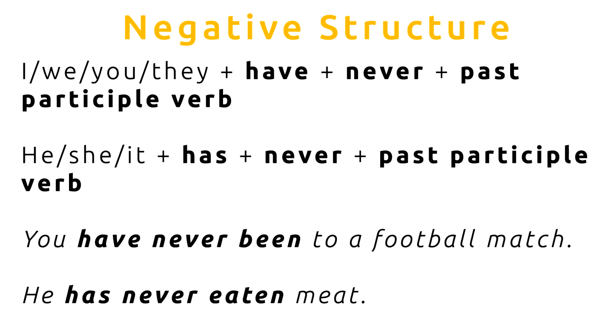He, she, and it uses has plus never plus a past participle verb. For example, you have never been to a football match. He has never eaten meat.